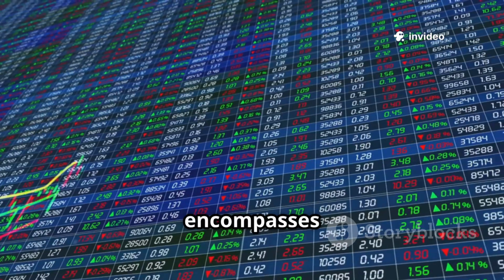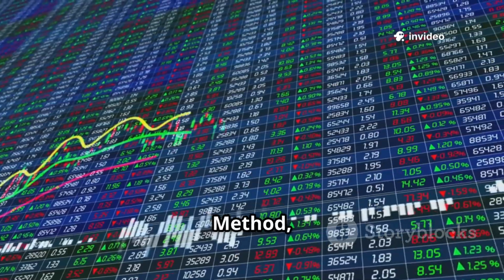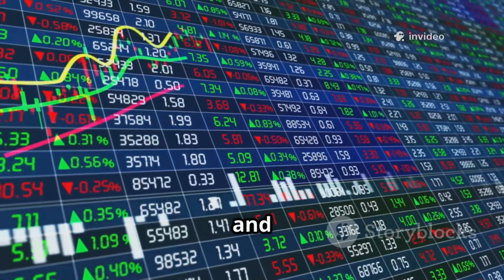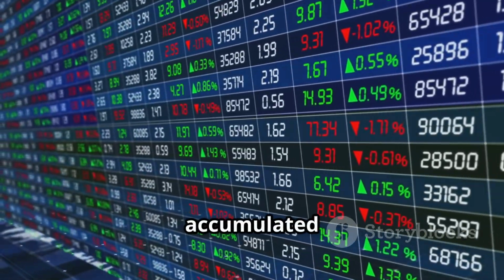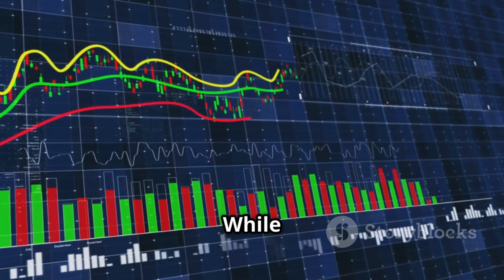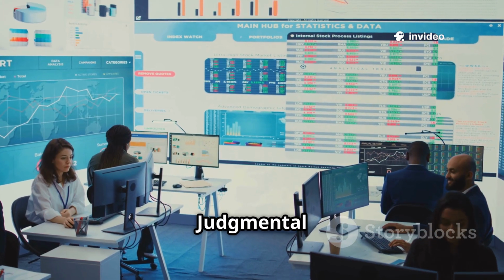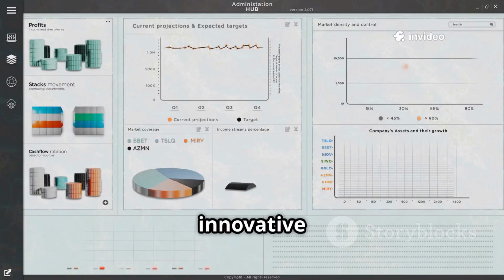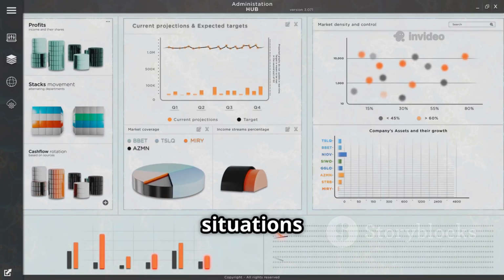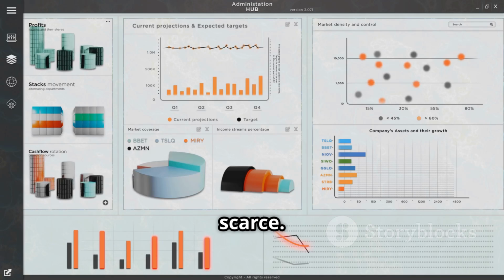Judgmental forecasting encompasses techniques like the Delphi method, gathering executive opinions and conducting market surveys, all of which rely on structured feedback and accumulated experience. While it's inherently subjective, judgmental forecasting is particularly useful when entering new markets, launching innovative products, or dealing with situations where historical data is scarce.